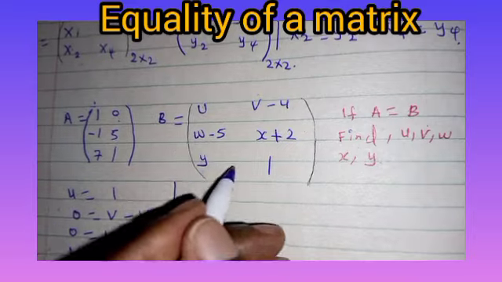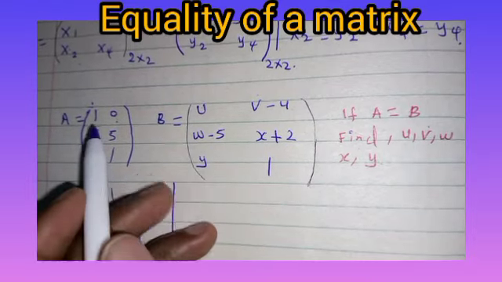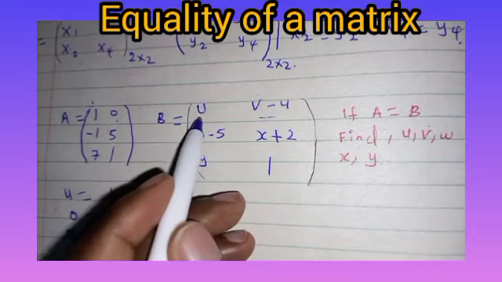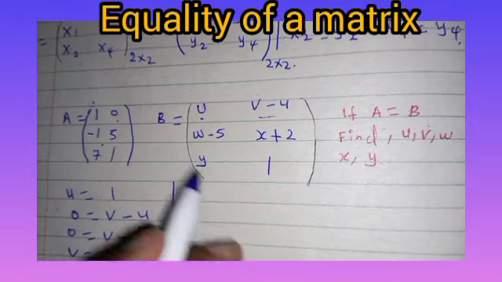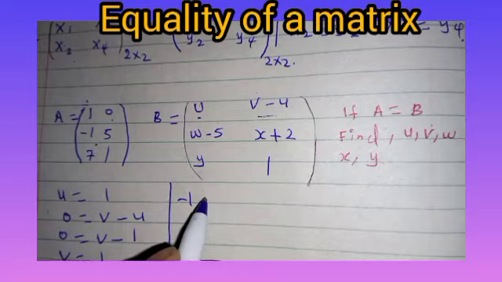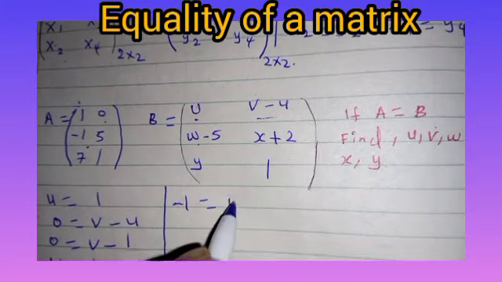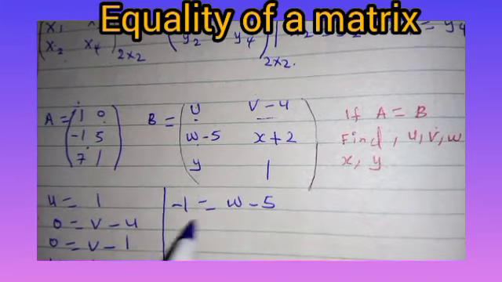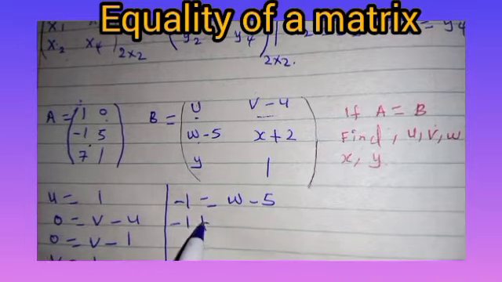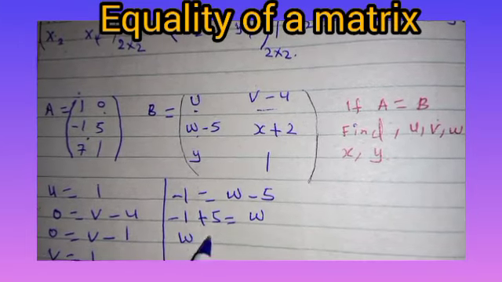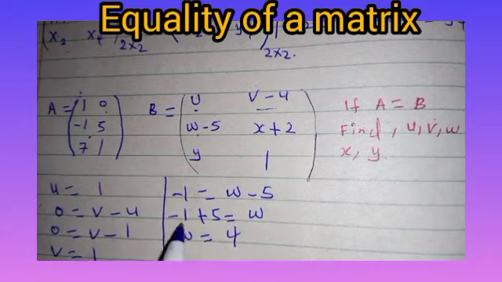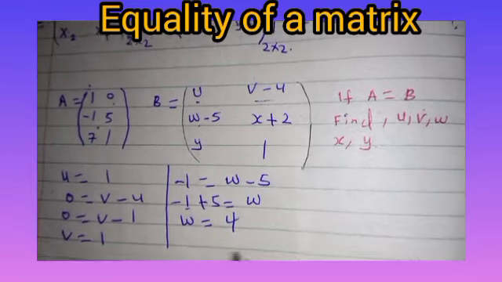Next, we come to the second row. This is the first row; we have found our U and V. In the second row, -1 corresponds to W minus 5, so -1 plus 5 is equal to W, meaning that W is equal to 4.